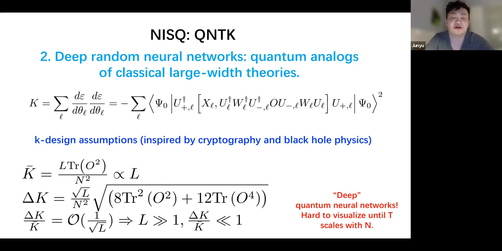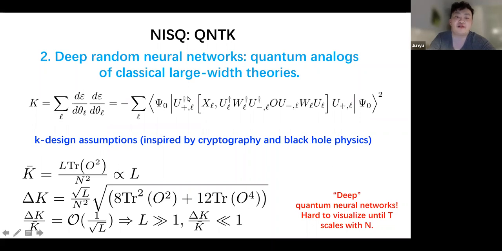But this is something very important for many basic applications of quantum information theory, for instance, quantum cryptography. If you make some assumption about K-design, which is a uniform random selection of the variational ansatz, then you can try to compute the average and the standard deviation of this exponent K. And then you will find a closed form formula for the ansatz that I showed before.